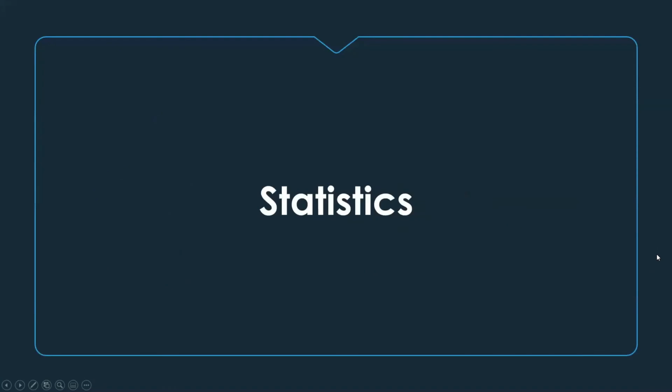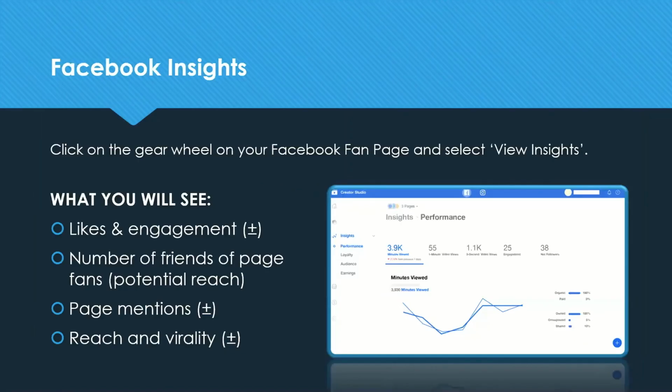So now on to the analytics parts of Facebook. You have Facebook Insights. When you are on your Facebook page, there will be a little gear wheel at the top. You just click that and select View Insights. What you're going to see are the likes and engagements on your posts.